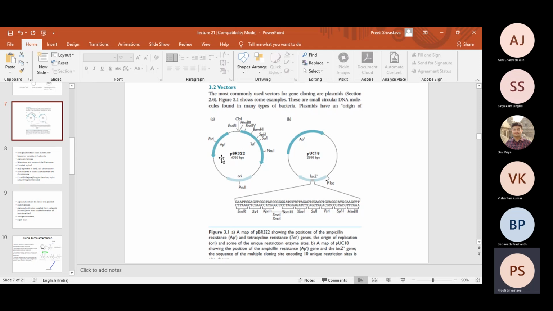The colonies where you do not see growth on ampicillin are the ones which contain the insert, because at PstI the foreign DNA fragment is cloned, and as a result the ampicillin resistance gene marker is disrupted, and due to this disruption ampicillin won't function. So this requires a step of replica plating.